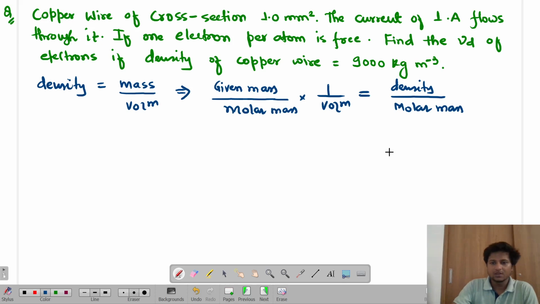Is that clear or not? Molar mass is only atomic mass, no? So given mass by molar mass, I can divide on both sides.